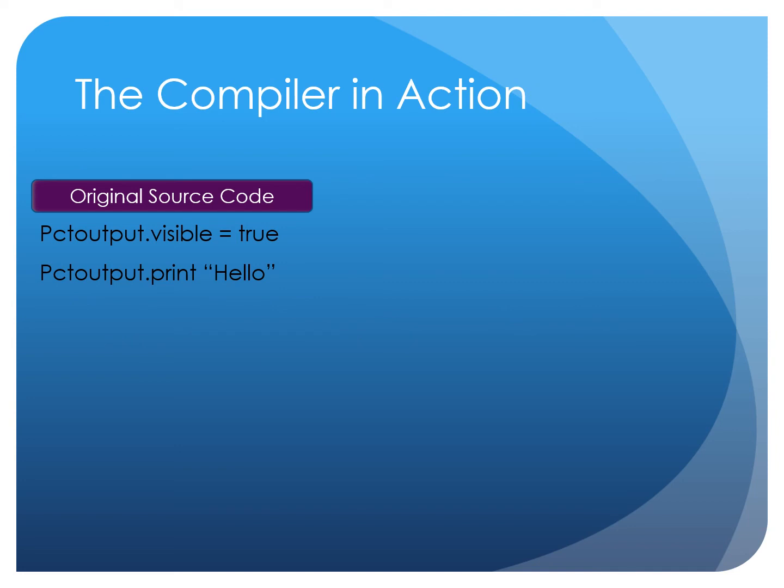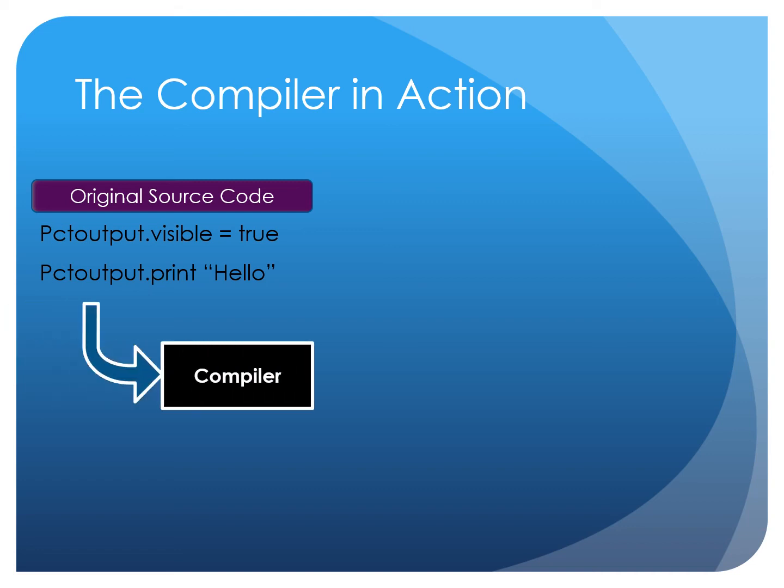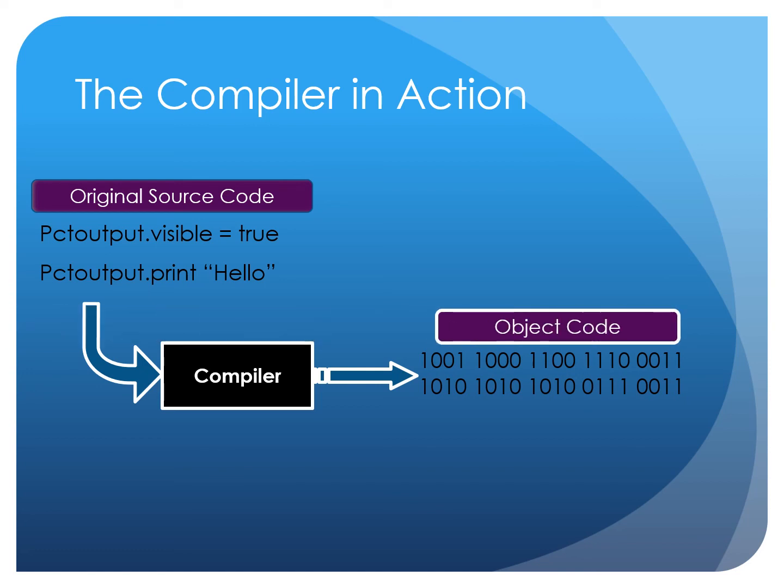In this slide we will see a compiler in action. As you can see, we have some original source code typed out in a high-level language. This is then passed to the compiler, which then translates this high-level language into low-level machine code or object code.